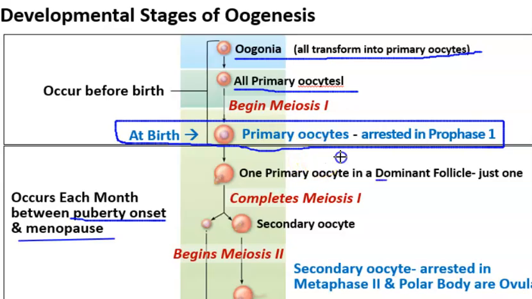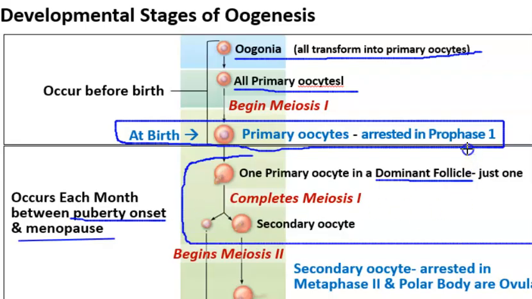Whichever follicle becomes dominant, and there's just going to be one a month, that's the one follicle and the one oocyte inside of it that will complete meiosis 1 to form a secondary oocyte and a polar body.